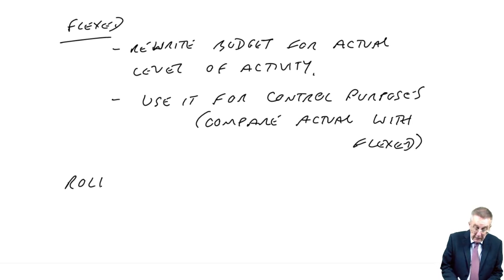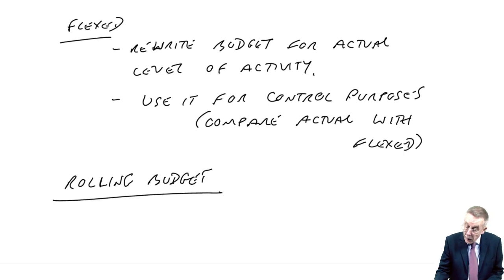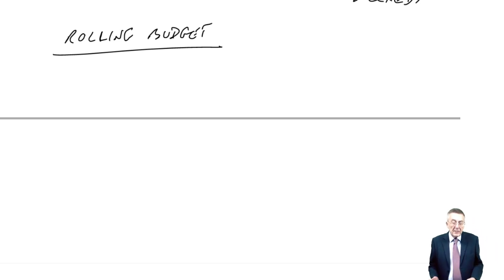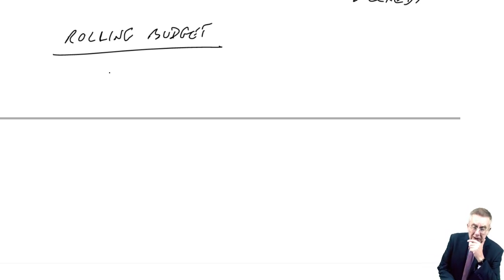Finally, be aware of what a rolling budget is. What this is, it's better making up a tiny example and then I'll explain what the benefits and problems are. Just suppose, most companies do a budget for the coming year.